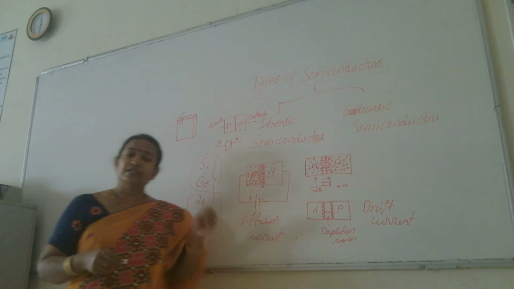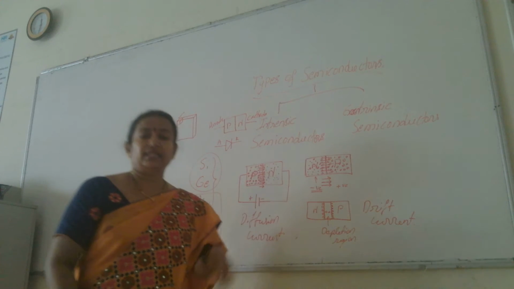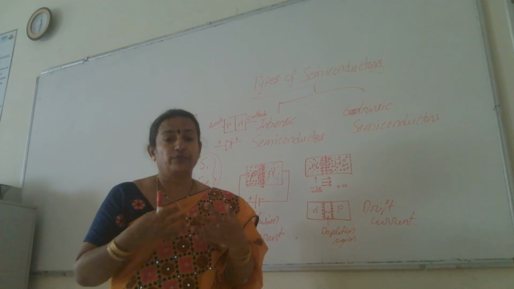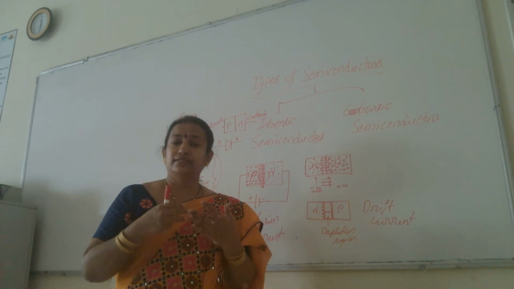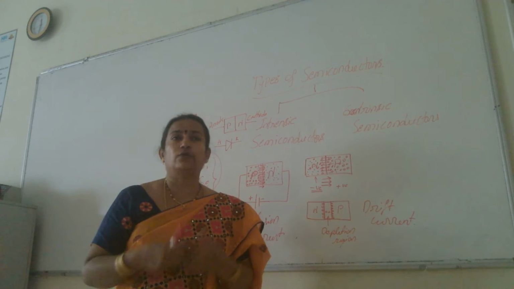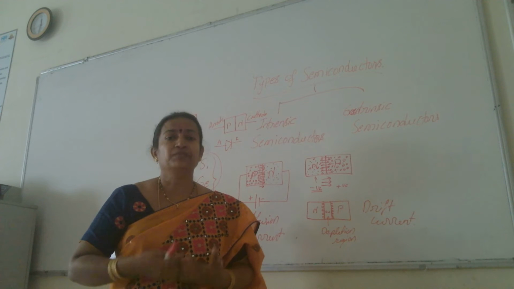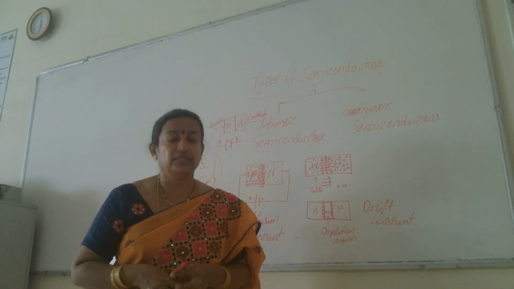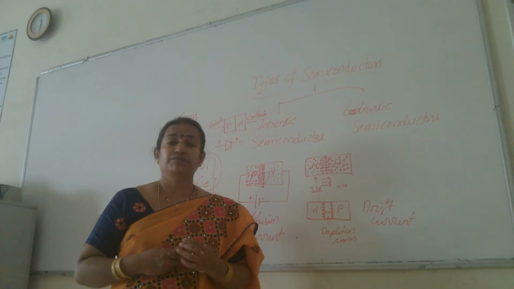That's the reason we consider silicon as the basic material for almost all electronic devices and their manufacturing, either in the VLSI domain or the electronics domain, as compared to germanium.